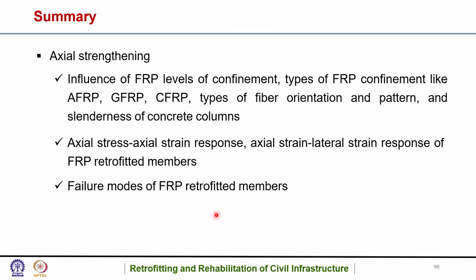So in summary, in this lecture we studied axial strengthening. We studied the influence of FRP, levels of confinement, types of FRP confinement like AFRP, GFRP, CFRP, types of fiber orientation and pattern, and slenderness of concrete columns.